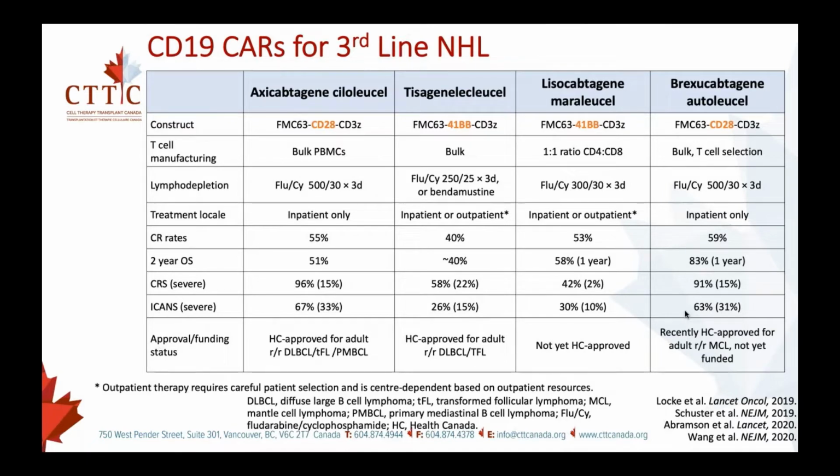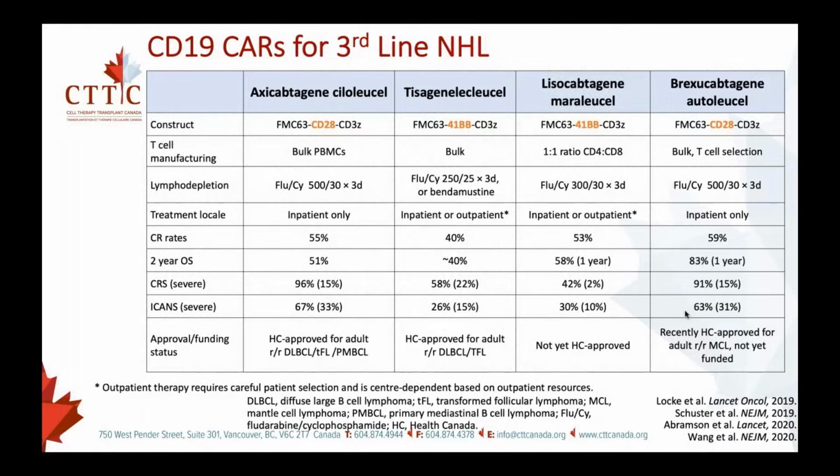The Brexu-cel is different from Axi-cel because they do a T cell selection step as opposed to using bulk PBMCs. Lymphodepleting chemotherapy is relatively the same in comparison. The 4-1BB products you see here can be given as an outpatient, although for the Axi-cel and Brexu-cel, they are trying to move towards trials to see if they can do these as outpatients.